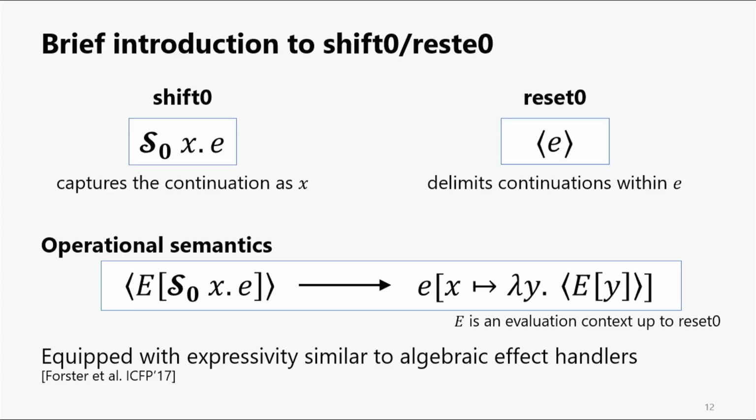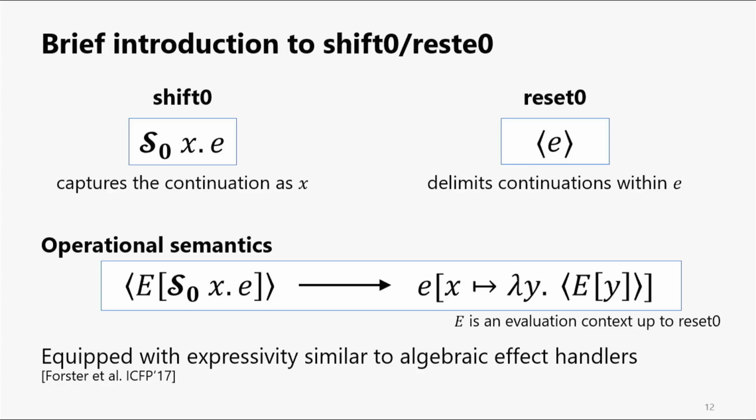One of the reasons we focus on this control operator is that it is a very good fit for type systems, as I will explain later. And the second reason is that it is very expressive.